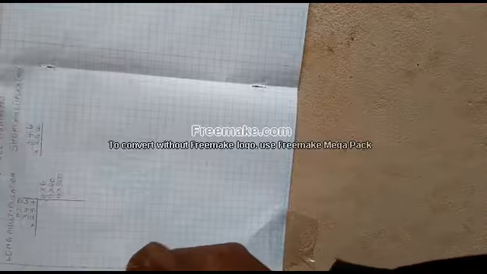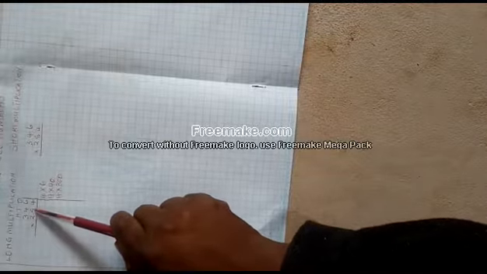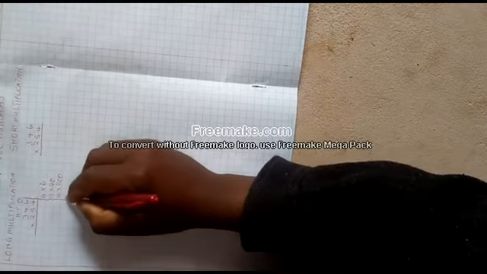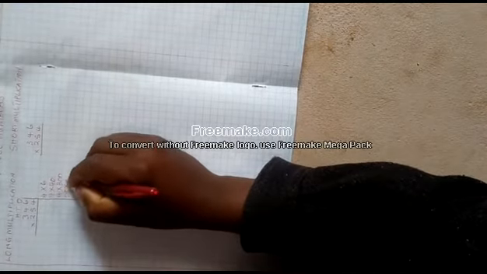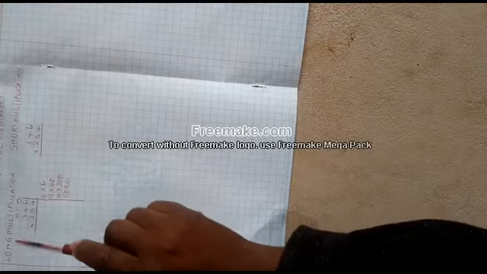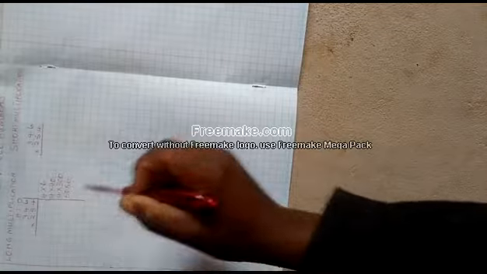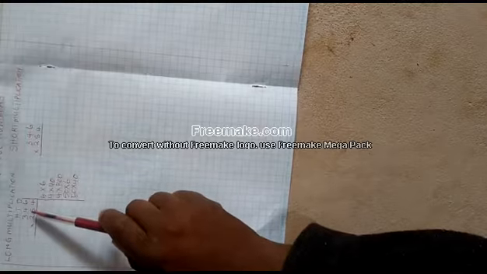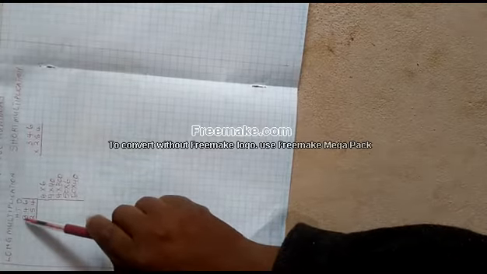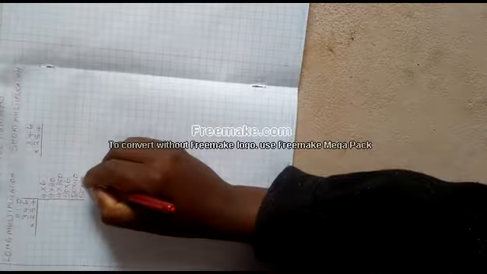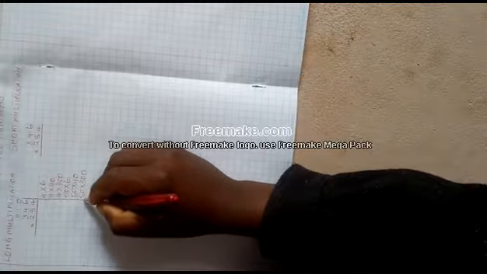And then we're going to say 50 multiplied by 6, and then 50 multiplied by 40, and then 50 multiplied by 300.